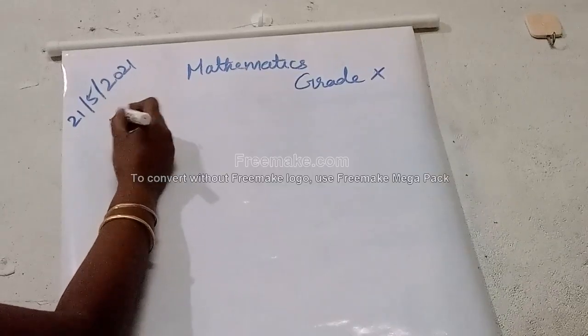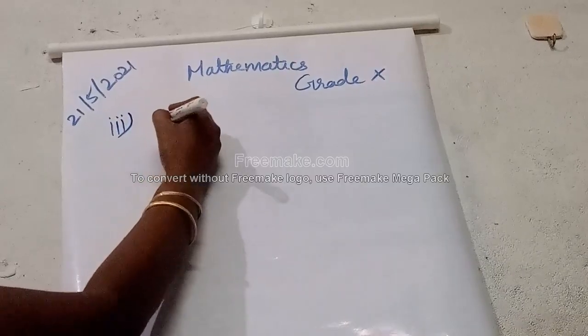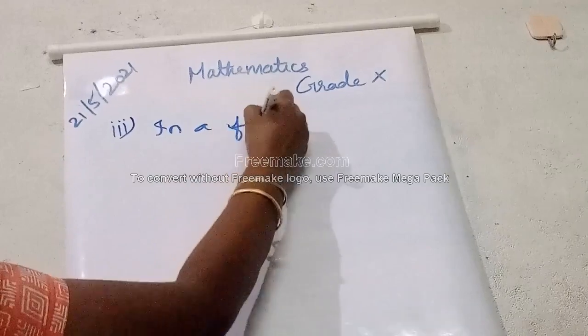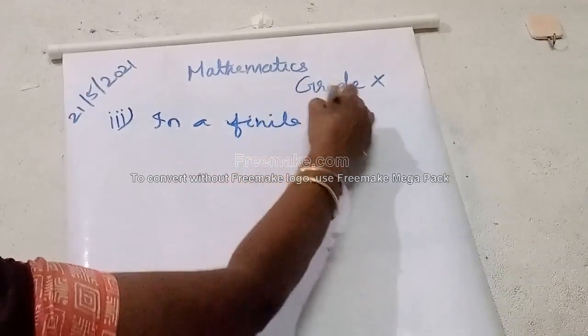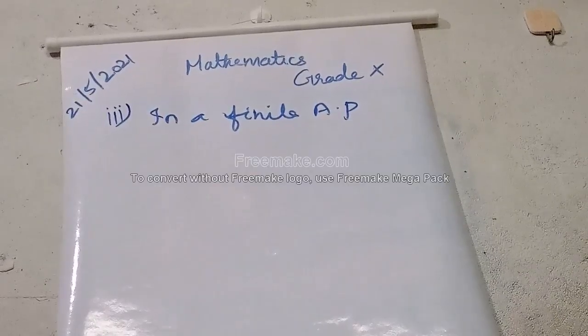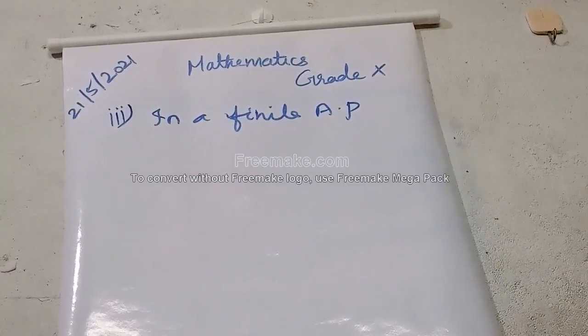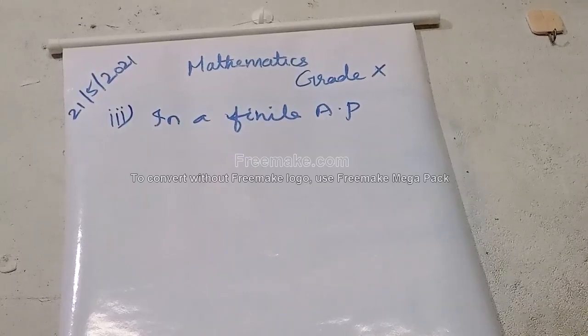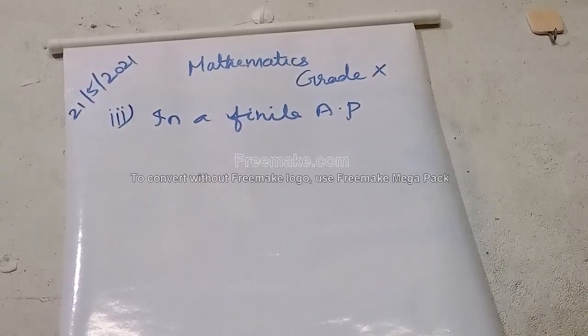Next, the third formula. In a finite AP, what is meant by a finite AP? Do you remember? It has a countable or finite number of terms, which means the last term will be given.